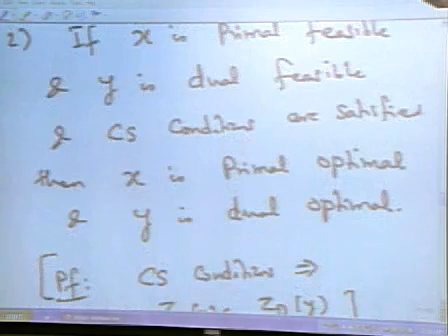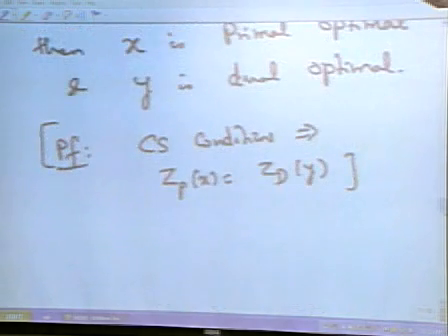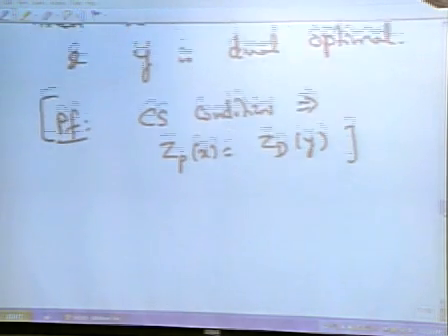So we're discussing the second implication: if you have a primal feasible solution and a dual feasible solution, and they happen to satisfy the CS conditions, then they are primal optimal and dual optimal respectively. And the proof is that if they satisfy the CS conditions and feasibility, that implies that ZP of X and ZD of Y are the same, and therefore we're done.